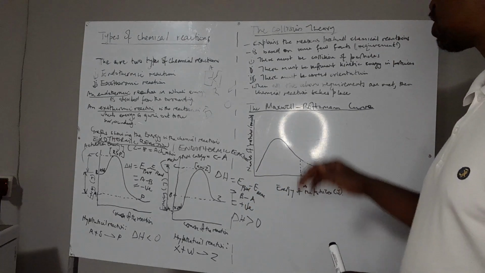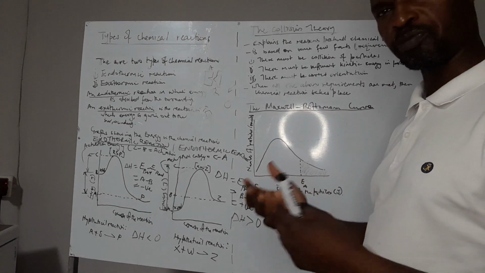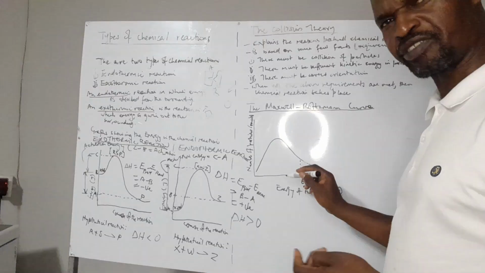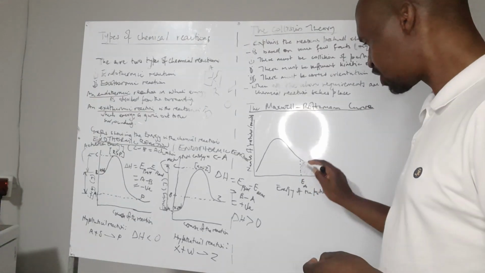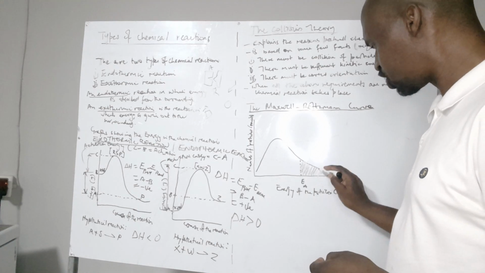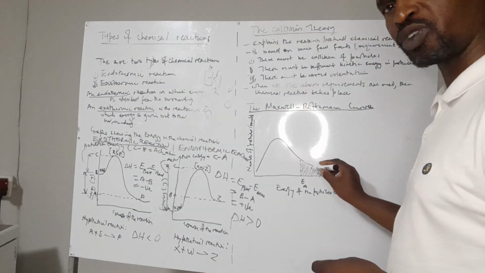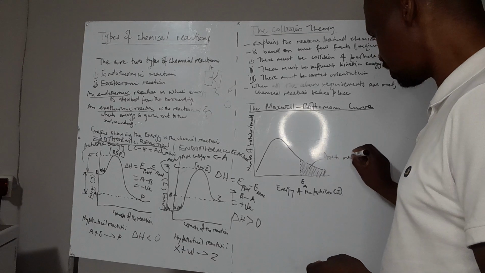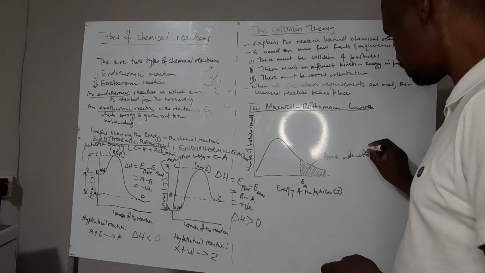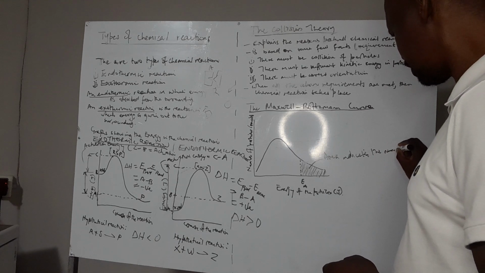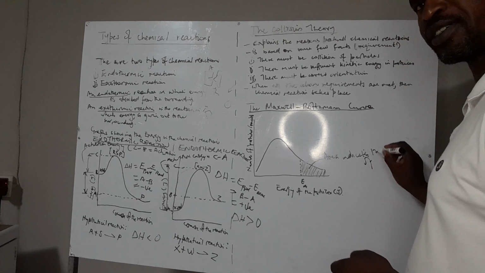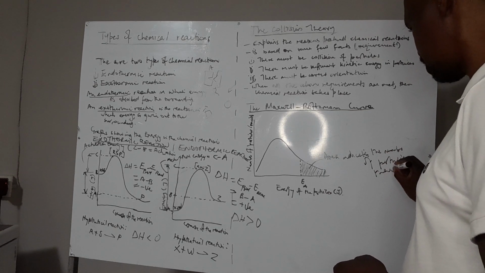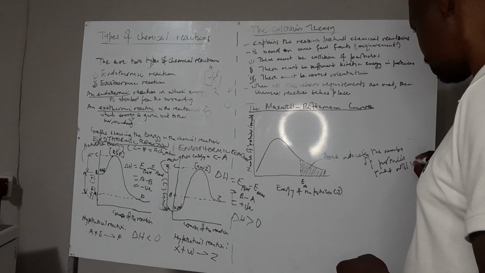And some particles will also collide, but they won't have the correct orientation. As a result, at every given moment, the shaded area shows the number of particles that will go into reaction.